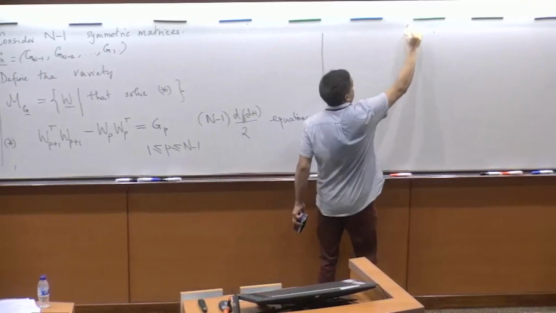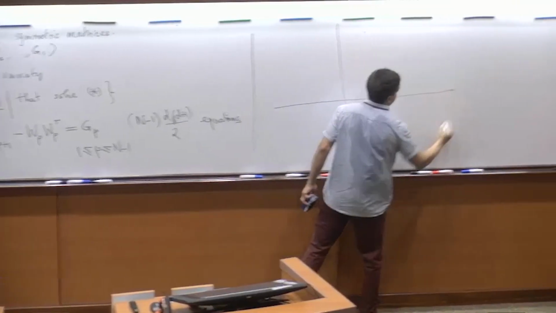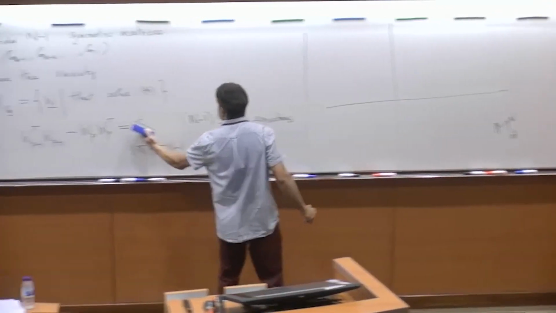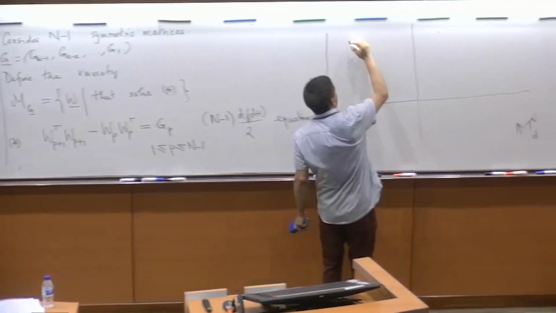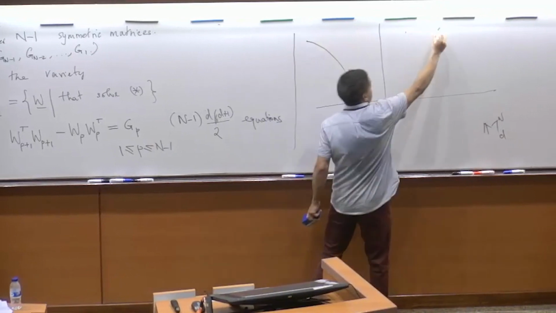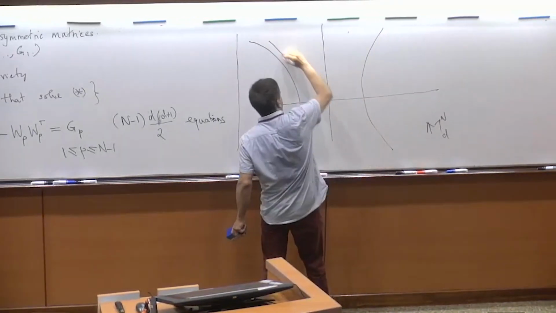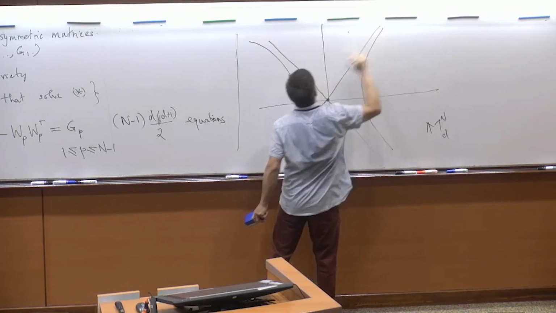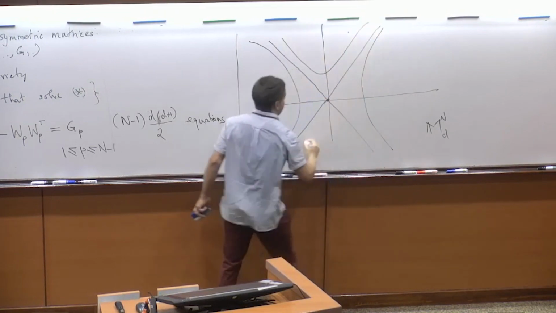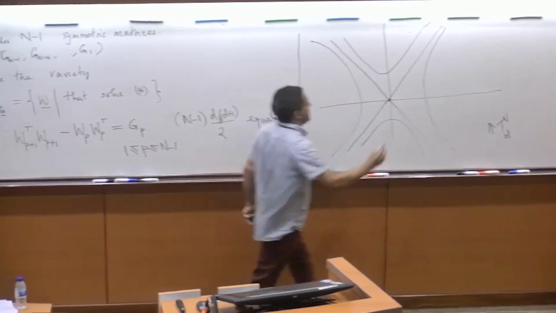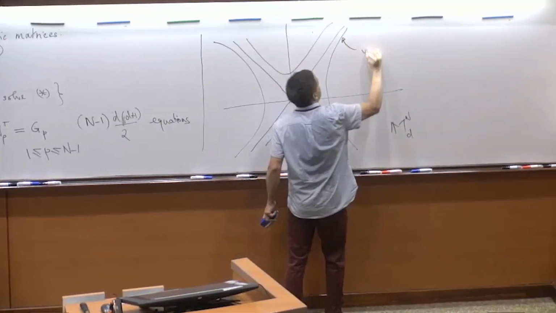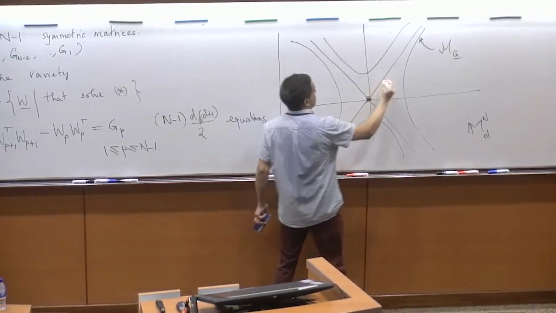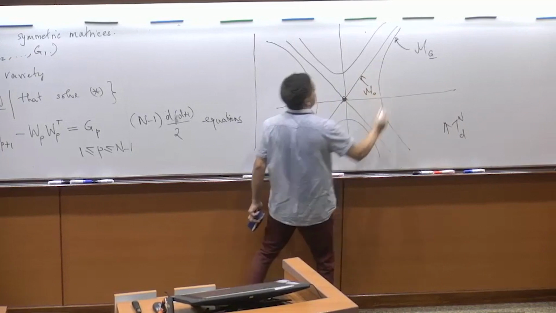Here's our big space, and within our space, if I fix all of these G's, I've got something like hyperbolas, so cones, conic sections, really. Each of these is an M_G. And there's one special guy over here, which I'm going to call M_0.